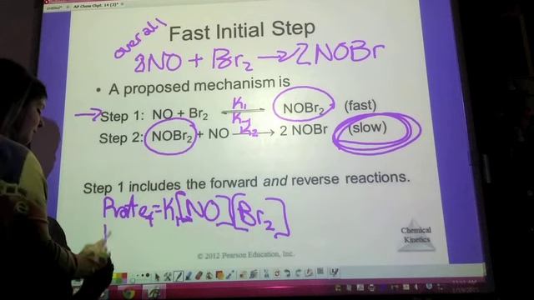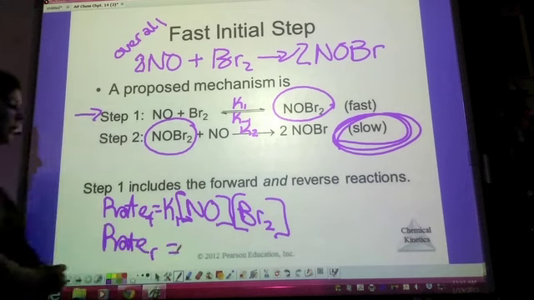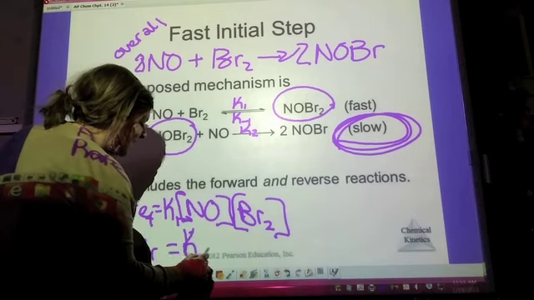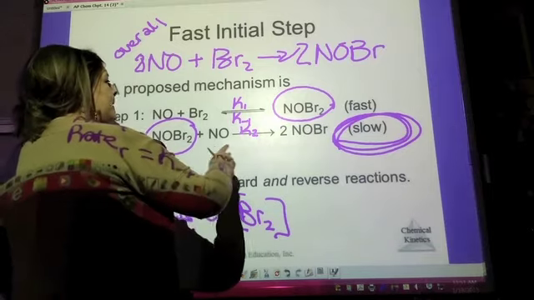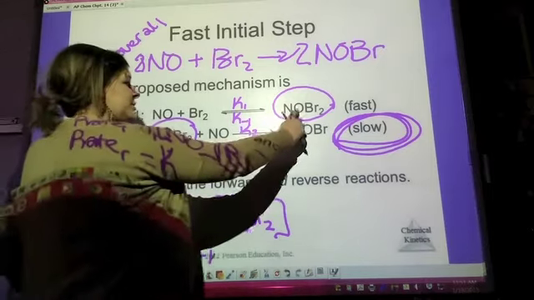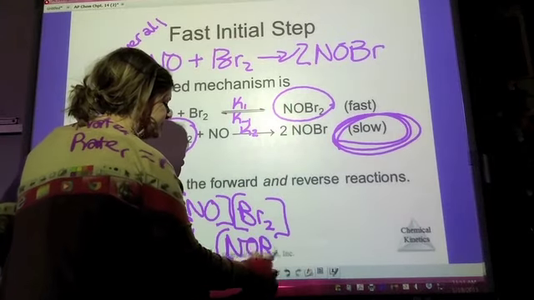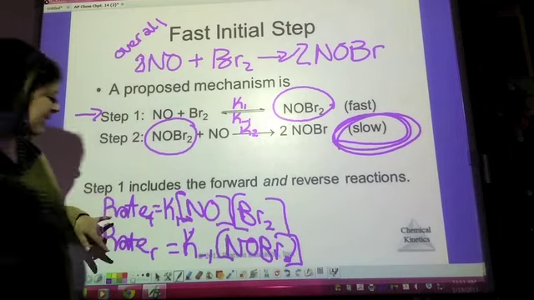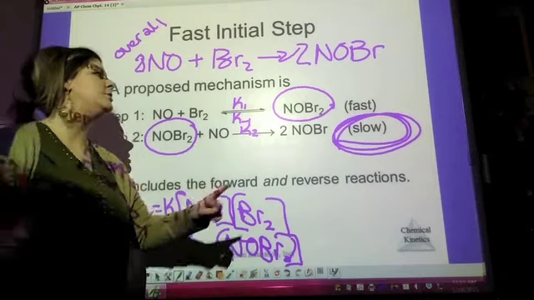Let's do the same thing, but for the rate of the reverse reaction. The rate of the reverse is going to be equal to K-1, indicating it's the reverse reaction, and in the reverse reaction it's just going to be the concentration of NOBr2, which is our intermediate. If these 2 rates are in equilibrium, they have to be equal to each other.